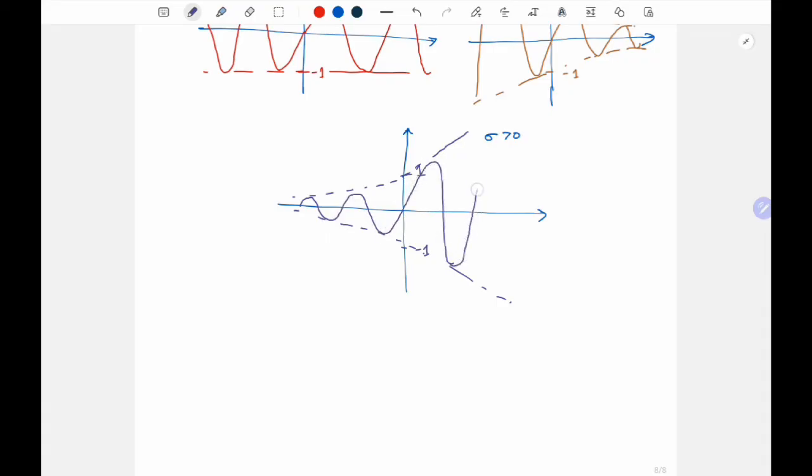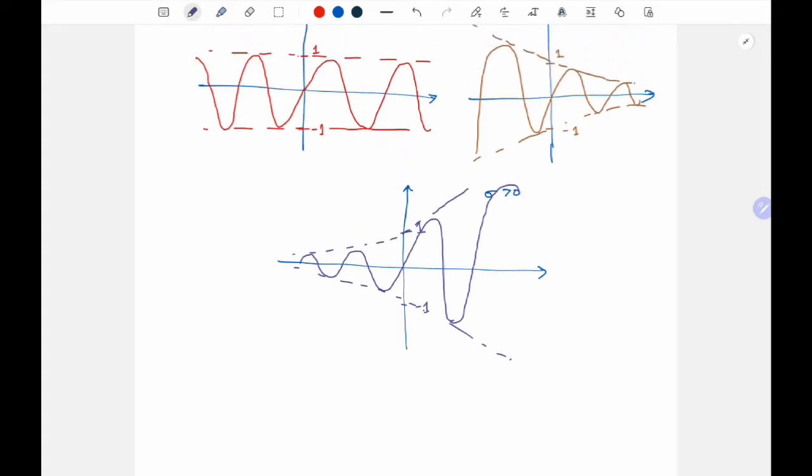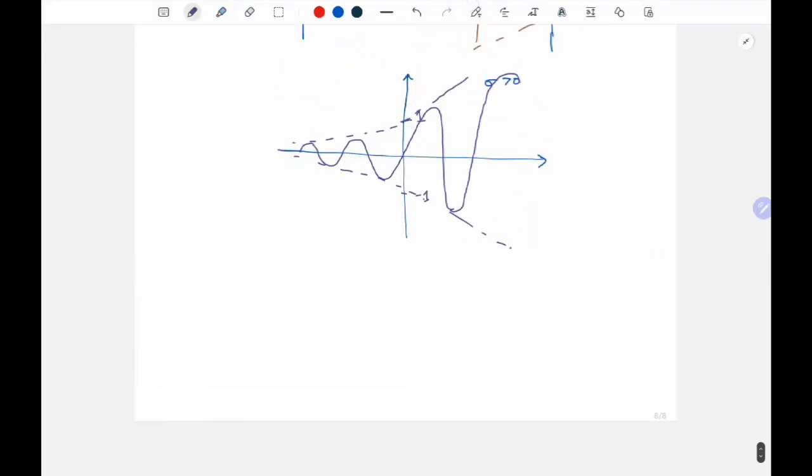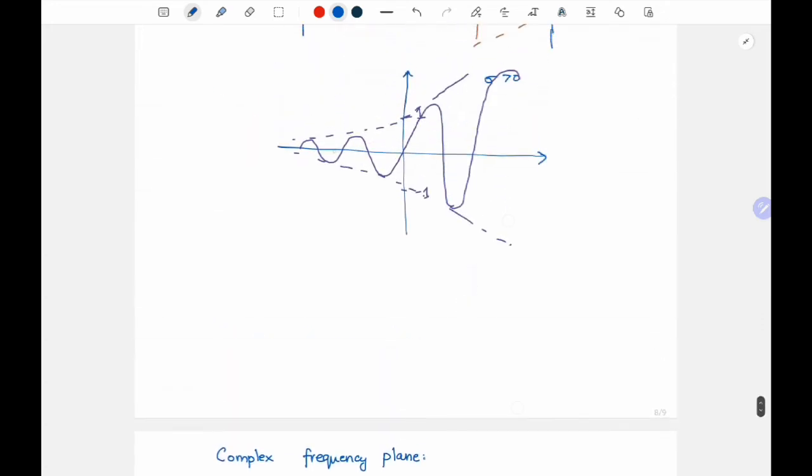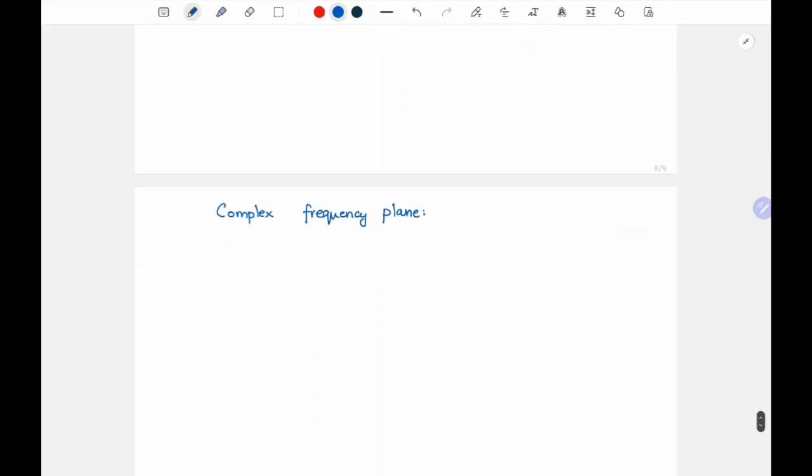Okay. So you can also define this function in what is called the complex frequency plane. So this omega and sigma give some oscillations; it is having some frequency. Omega is nothing but the radial frequency or the angular frequency.